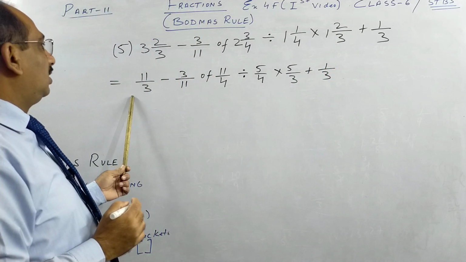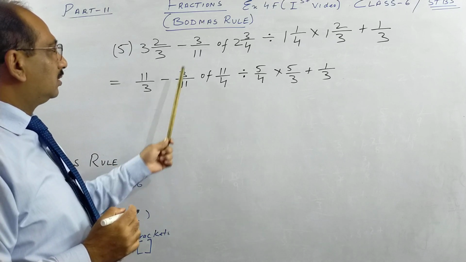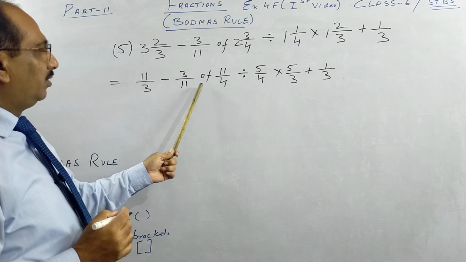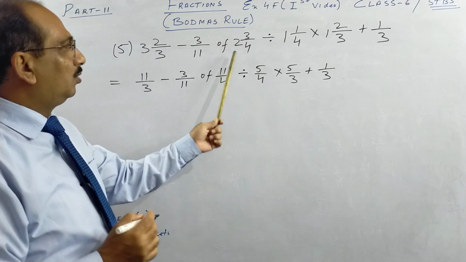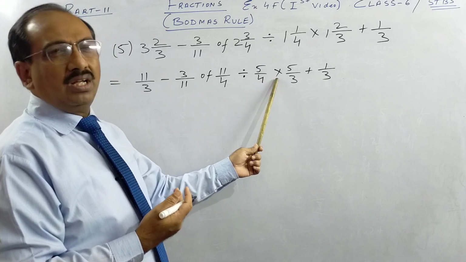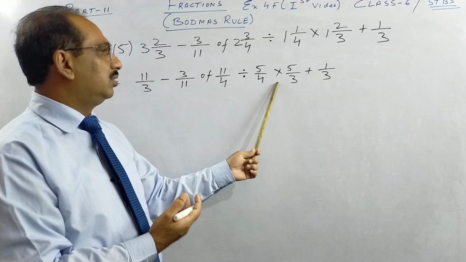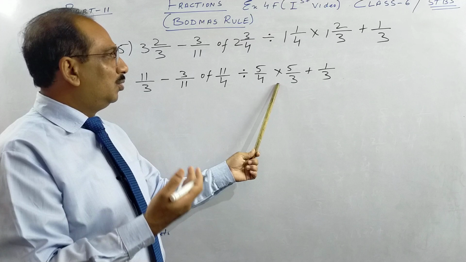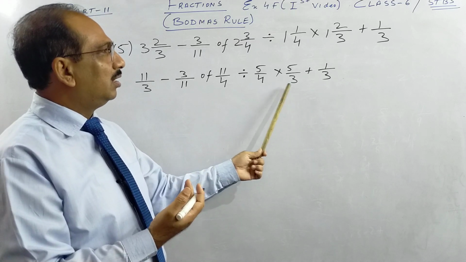So 11 by 3 minus 3 by 11 of 11 by 4 divided by. Always check, children. A small error here and you will get everything wrong. So please go slowly when you are learning.